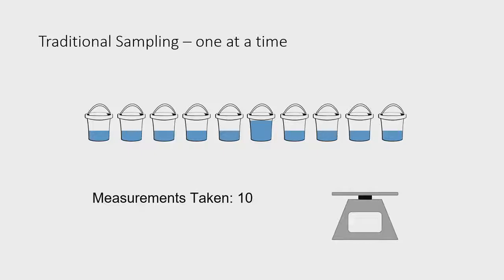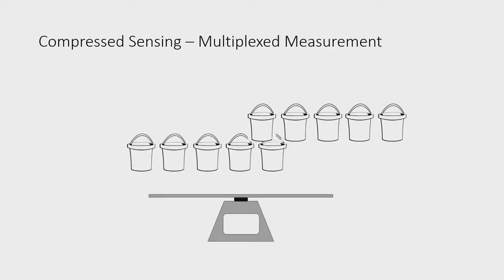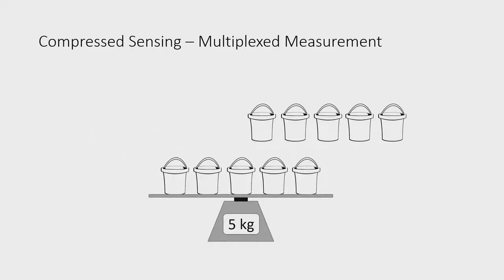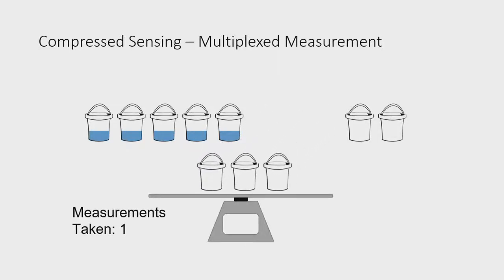Data independent acquisition by nature is something that measures things in parallel and multiplexes the MS/MS. And so what we do is we take an extra dimension to that. You can imagine a case where you measure multiple buckets at once, measure the weight of that, and then you can take another set of buckets and realize, okay, this is definitely the one that's got this extra amount of water in it.